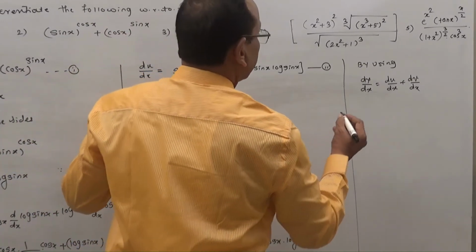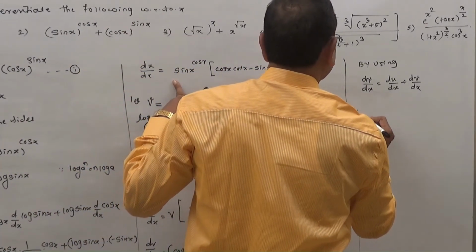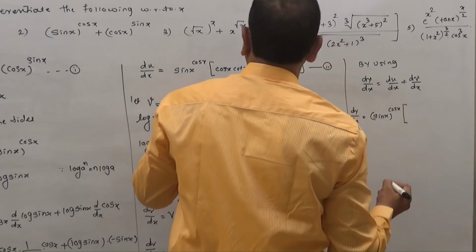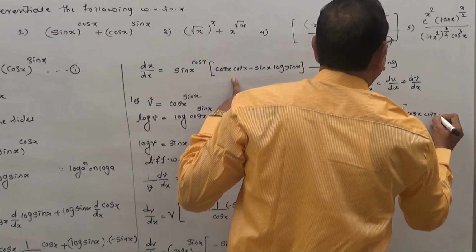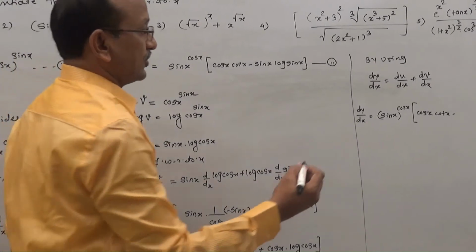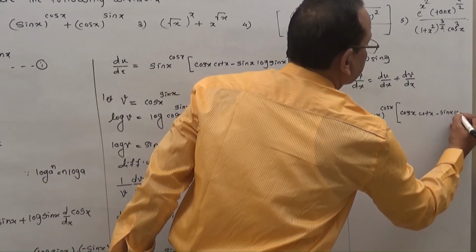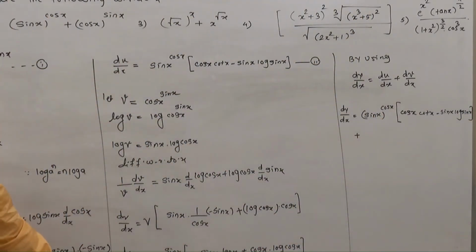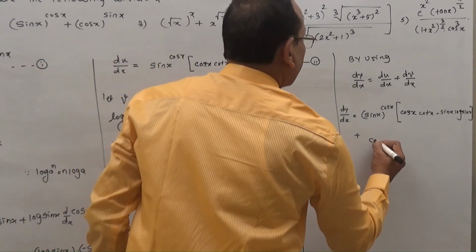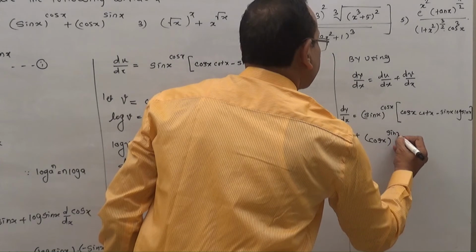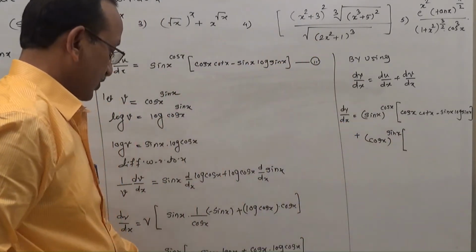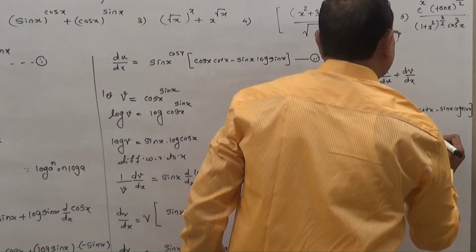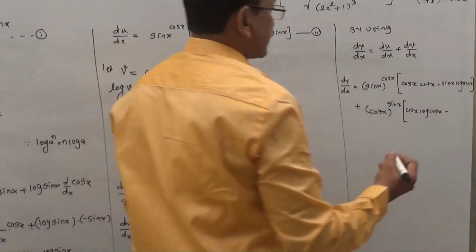Adding equations 2 and 3, dy by dx is equal to sin x raised to power cos x into bracket cos x into cot x minus sin x into log of sin x, plus dv by dx, which is cos x raised to power sin x into bracket cos x into log of cos x minus sin x into tan x.